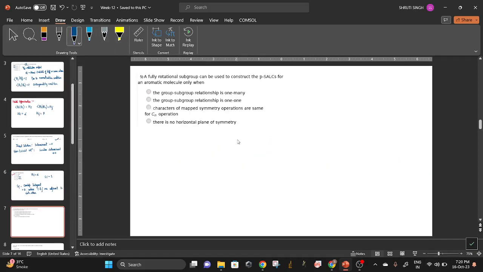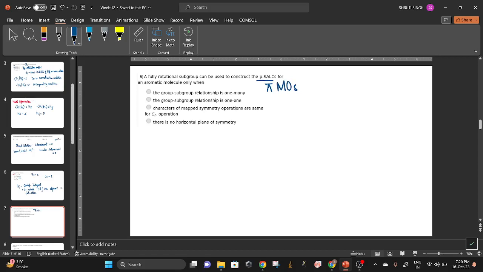Okay, now question 5 is about whether a rotational subgroup can be used to construct the PSALCs for the pi MOs of an aromatic molecule, and when.